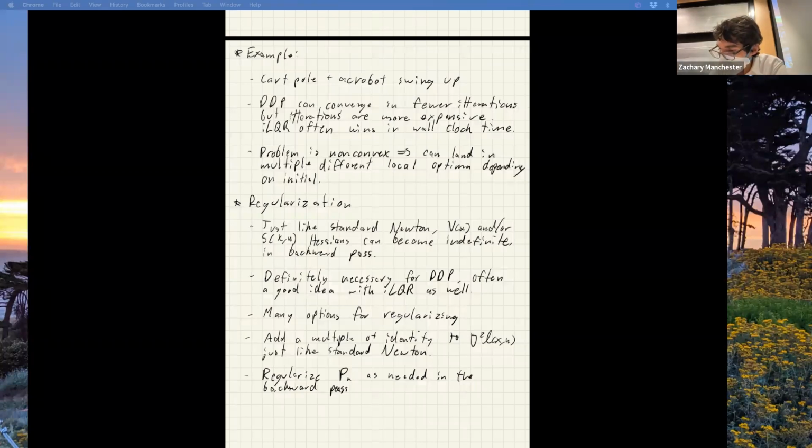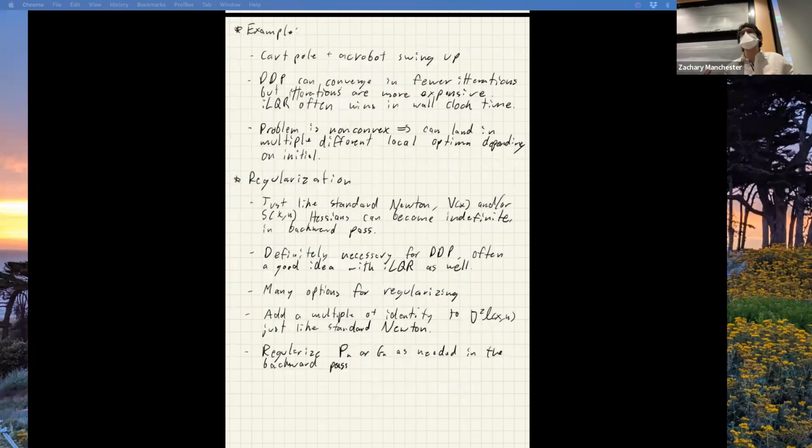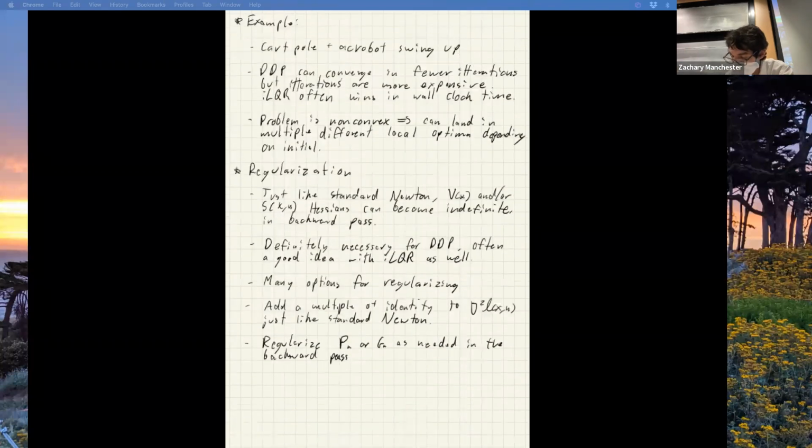Actually, we should say both of those, right? So you can regularize the P's or the G's, like the cost to go Hessian or the action value Hessians. Check them at each time step, and if they're not positive definite, regularize them until they are at each time step individually. So that's what I did in the examples I showed you. That's a pretty common way to go.